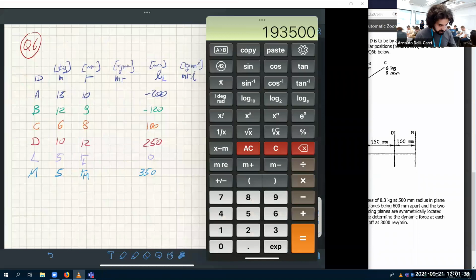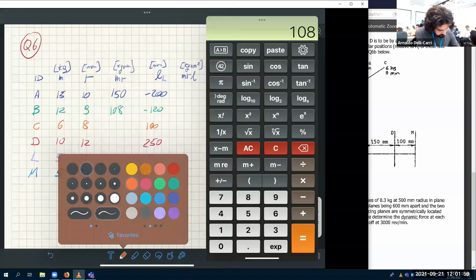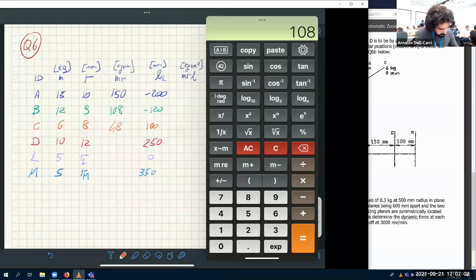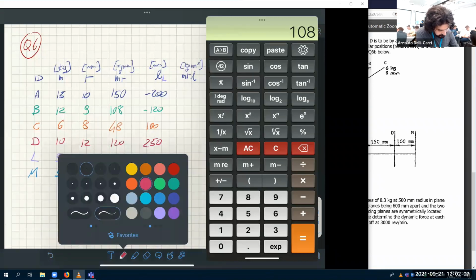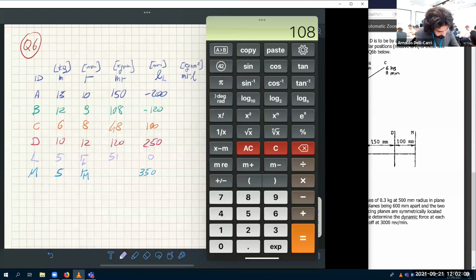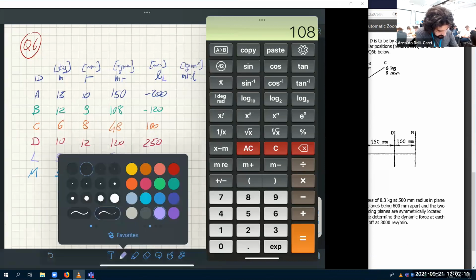So this is 150, easy. This is 12 times 9, which is 18. No, it's impossible. 12 times 9 is 108. Uh, 48, 120, and this is 5 RL. This is 5 RM.